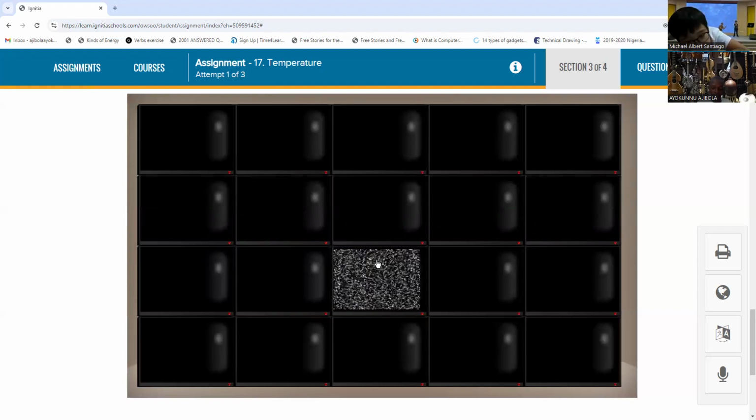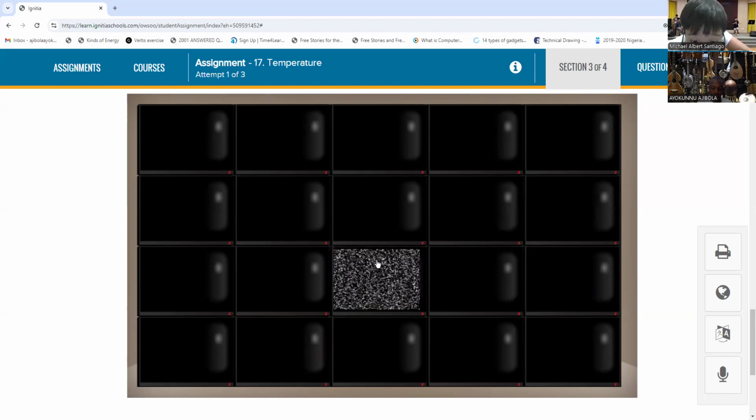Let's convert 40 degrees C to Fahrenheit. So 40 times 1.8 will give us 72. Then we add 32, this will be 104. Then the 98.6 Fahrenheit to Celsius.